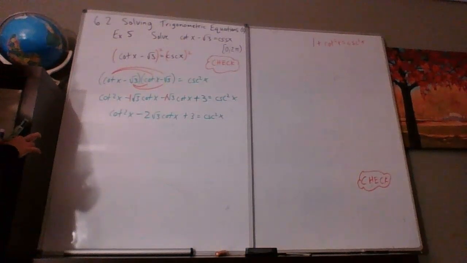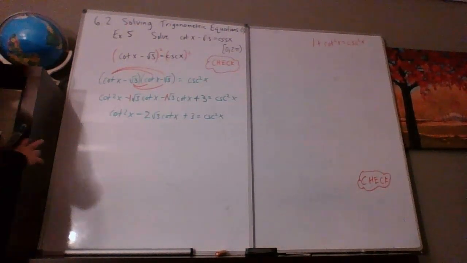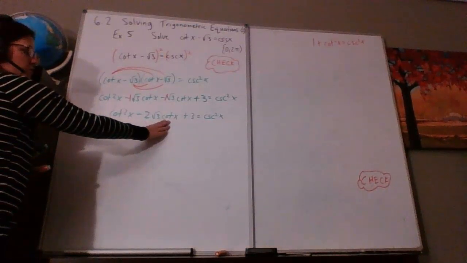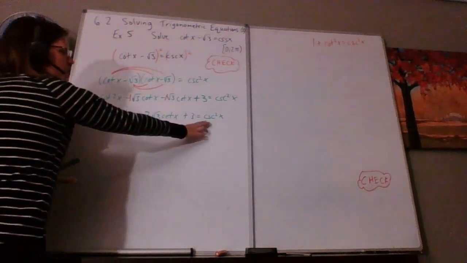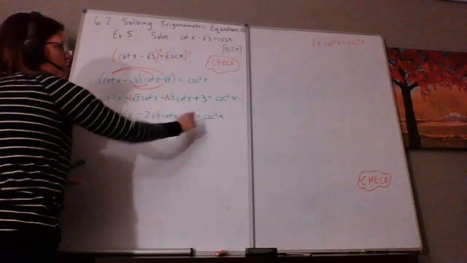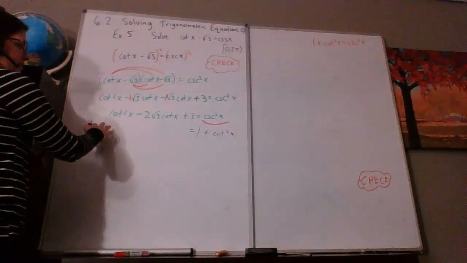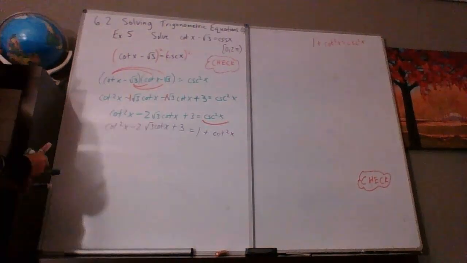Now we still have cotangents and cosecants, so now it's time to employ our Pythagorean identity. Since we have additional cotangents in our equation, we're going to want to replace the cosecant squared x with 1 plus cotangent squared x. Now the left-hand side will just drop down.